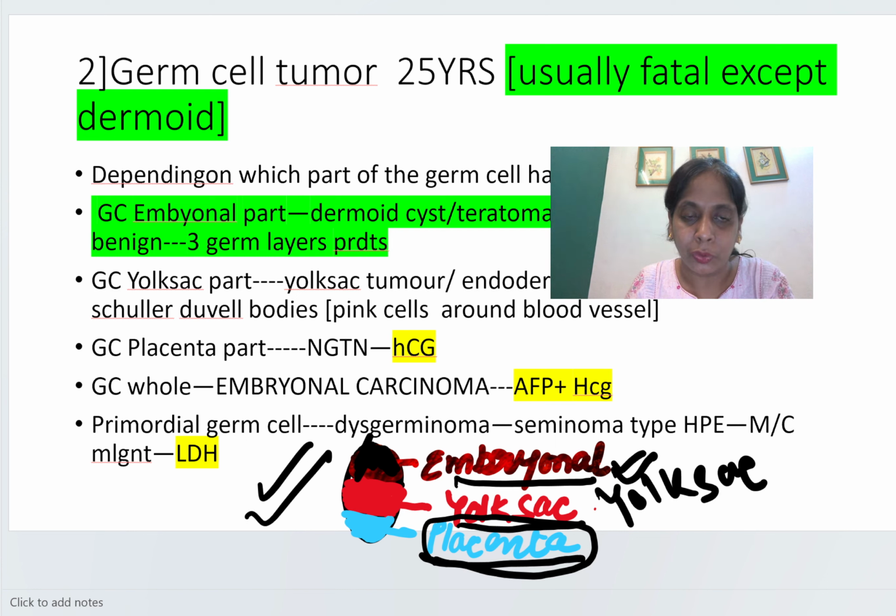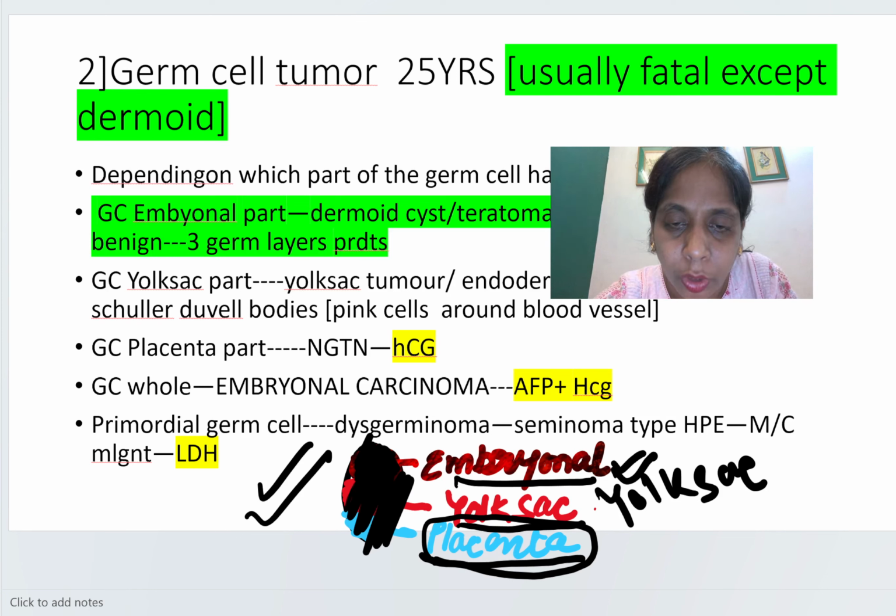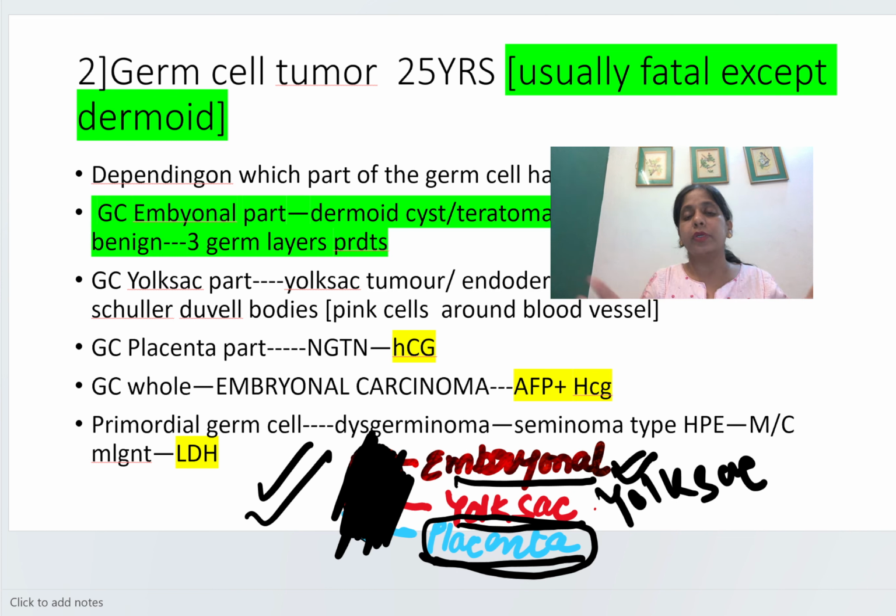You all know that. And if the whole of this germ cell, not any part, becomes tumorous, then it is known as embryonal carcinoma, and the tumor markers which are raised in this are alpha fetoprotein and HCG, both are raised.